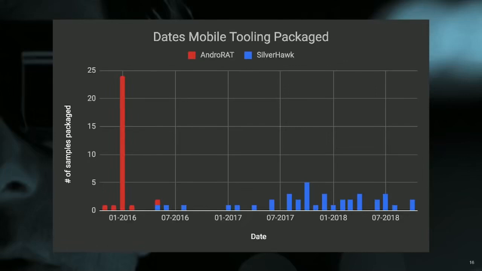And what we think has taken place here is that they got a bit of mileage out of using JadeRAT, but this is a really well-researched tool. So there's a lot of coverage from antivirus vendors out there, and it's unlikely that it would stay undetected for long on a compromised device. So while it's likely they got value out of it, it's probably one of the reasons that pushed them to actually creating their own tool, which is SilverHawk.